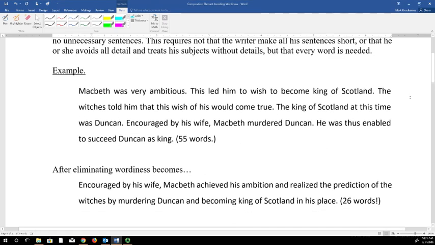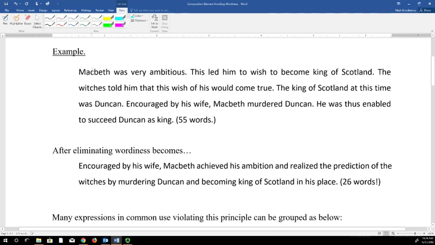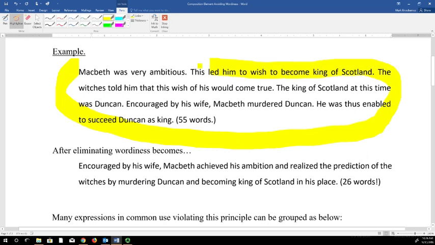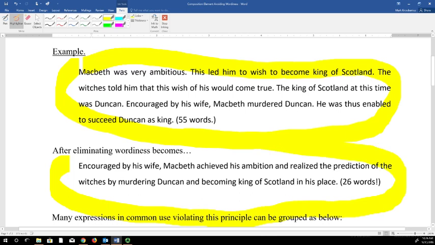If we take a look at the first one, and then compare it to the second one, if you go through and read those two paragraphs, you'll see that the content, even though it's worded differently, is the same. Now, which is the better paragraph?